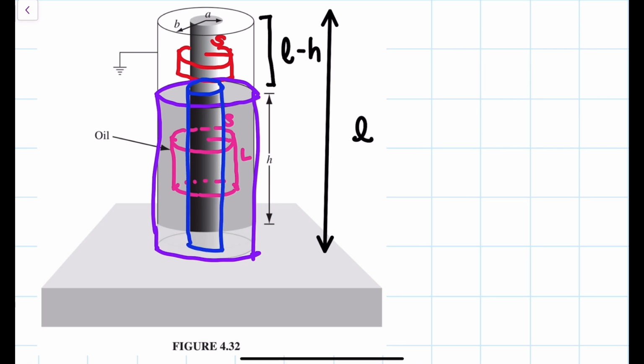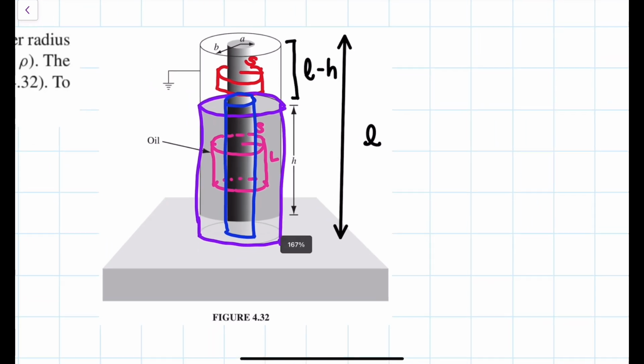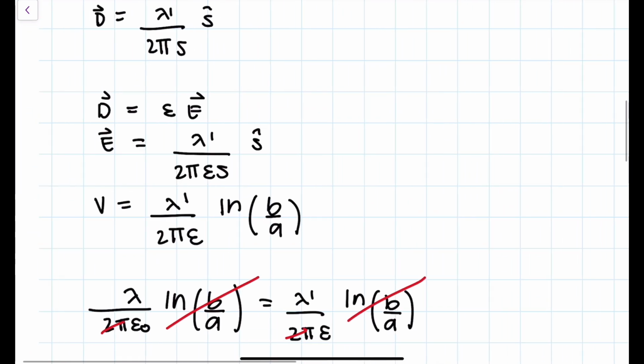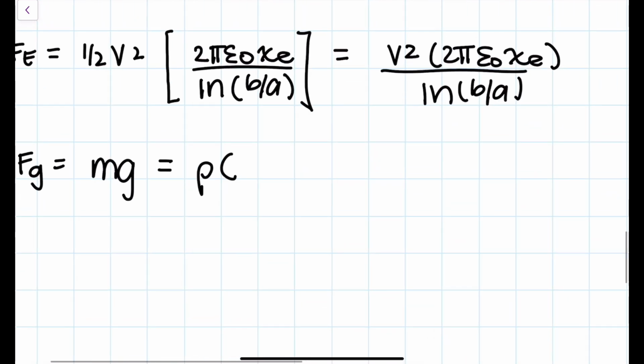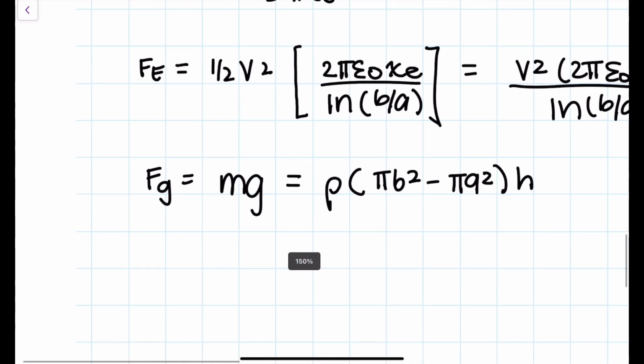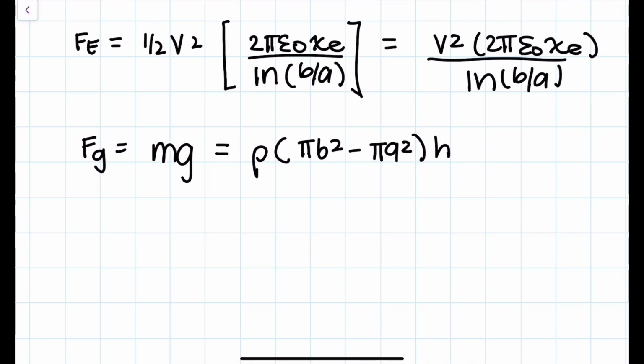So the volume where the oil is, the area of the purple cylinder minus the area of the small cylinder, times h, the height.